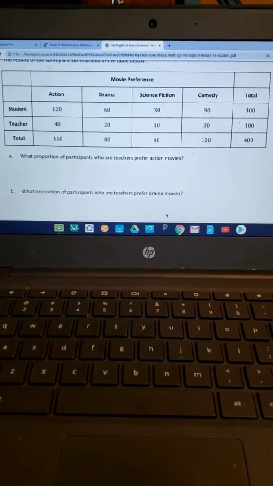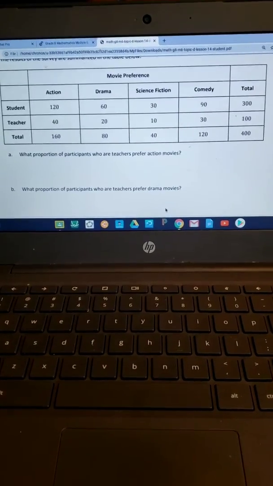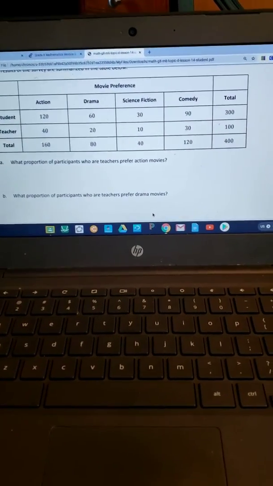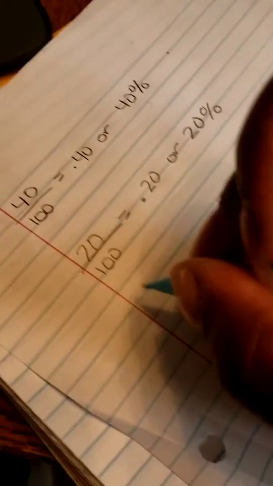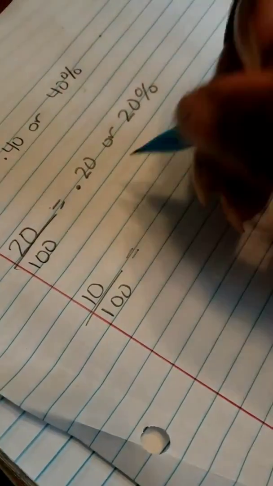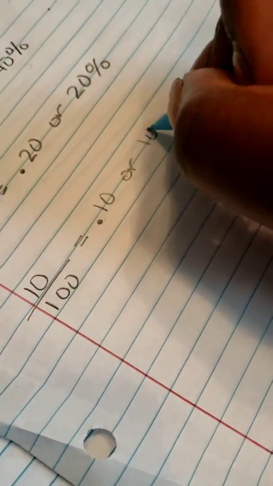For C, it says, what proportion of participants who are teachers prefer science fiction movies? Looking at my chart, I see that 10 of my teachers out of 100 like science fiction. So that's going to give me 0.10 or 10%.